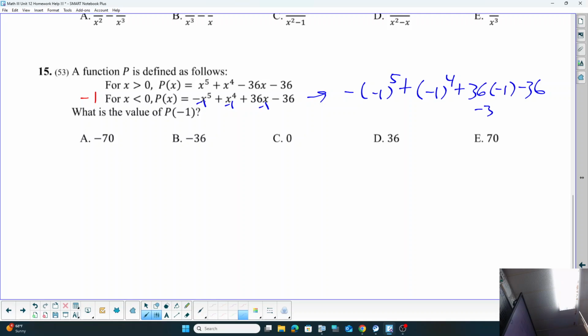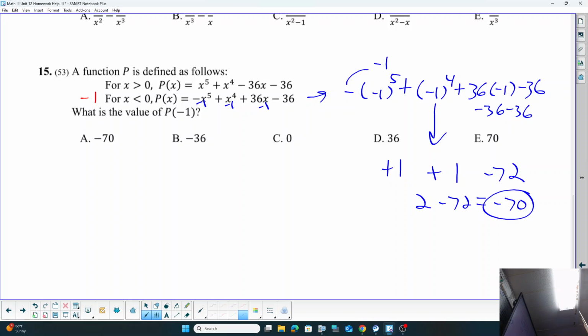So that's -36 with a -36. That's -72. -1 to the 4th power is going to be a +1. And then -1 to the 5th power is negative, but then that's also negative, and negative is a +1. So 1 and 1 is 2, minus 72 is -70. And -70 is A. Nice.